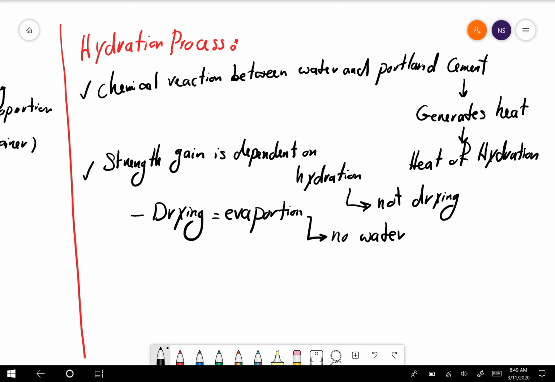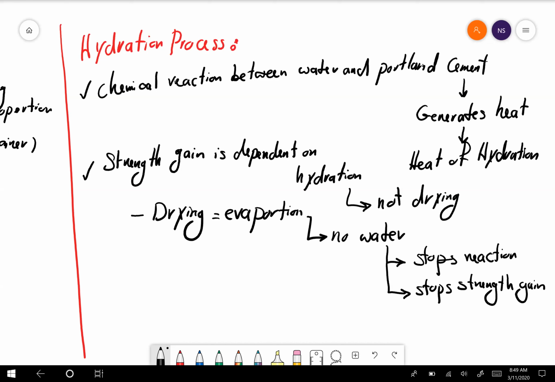Which you don't want. Why don't we want our water to evaporate? Because it stops the reaction, and also, definitely, it stops strength gain. Right? So you don't want to do that.